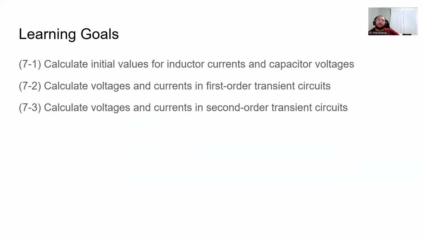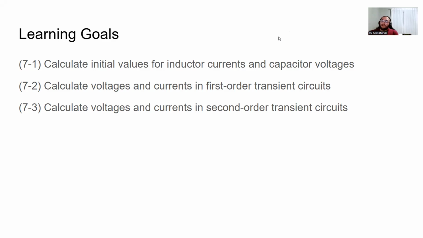So, the learning goals are calculating initial values for inductor currents and capacitor voltages, and then looking at the voltages and currents in first order transient circuits, and then in second order transient circuits. After reading this chapter, it really seems like they didn't do the chapter much justice with these learning goals because this is probably one of the more involved chapters.